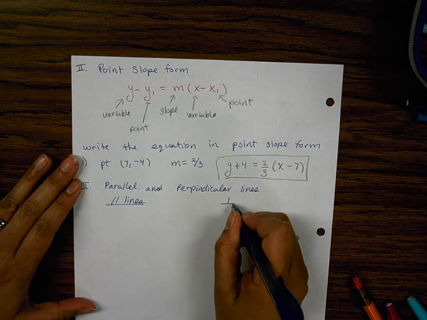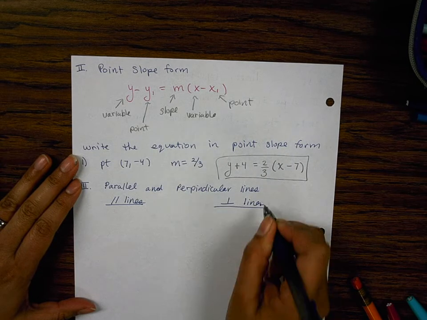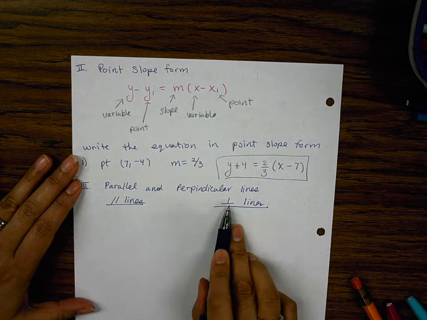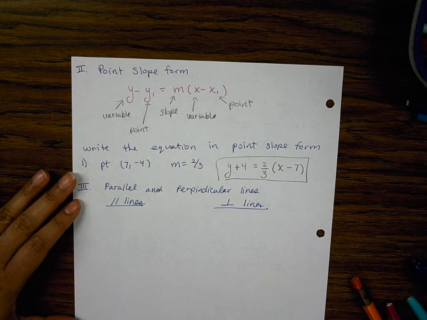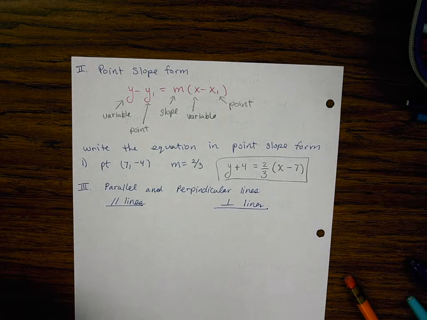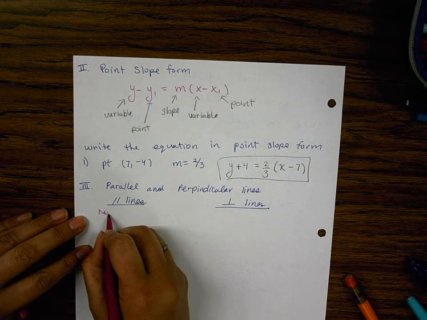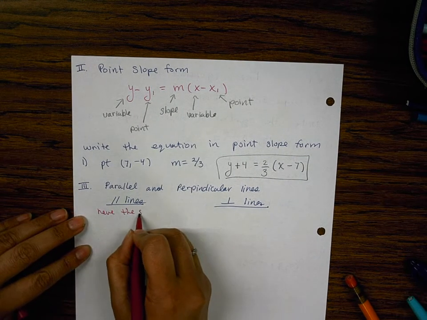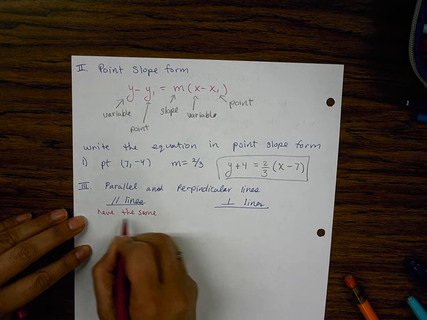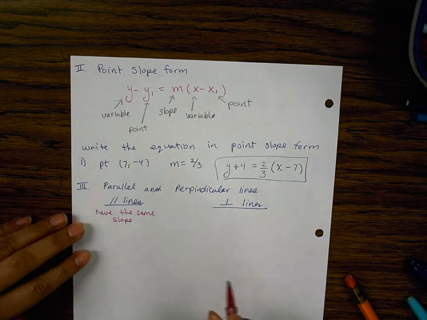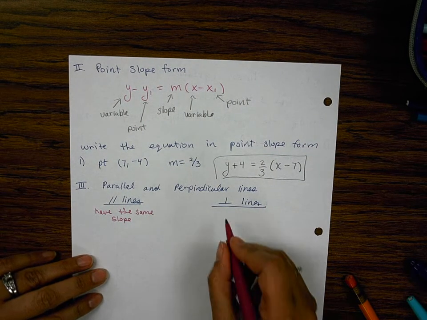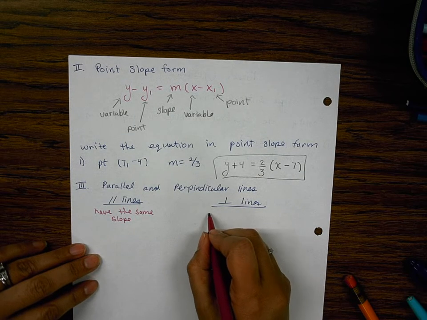First thing you have to remember about parallel lines and what we have to remember about perpendicular lines. Those are the symbols for parallel, that's the symbol for perpendicular. What do we need to know? Parallel lines have the same slope, so the same m value.